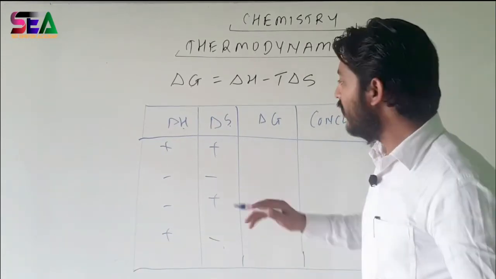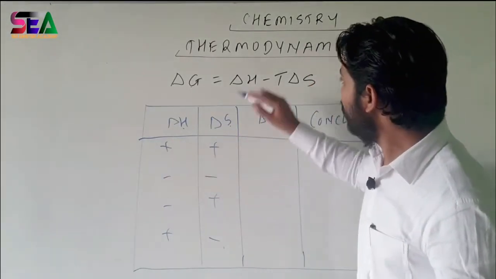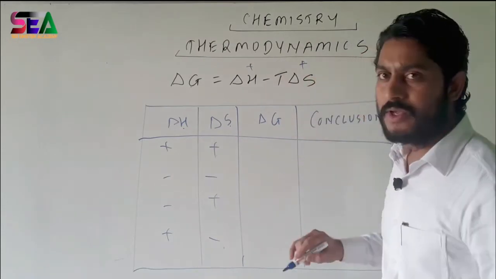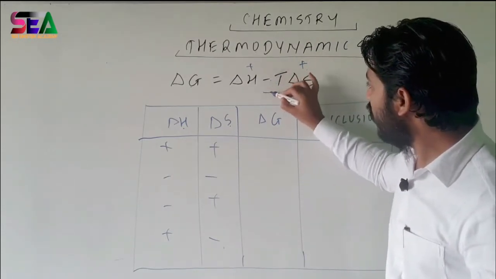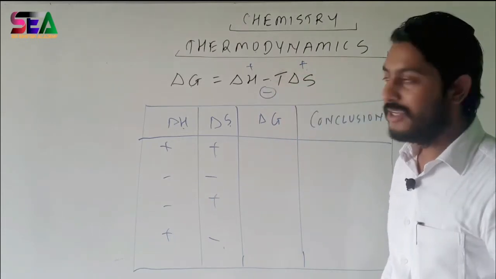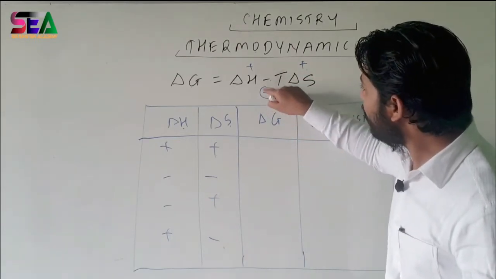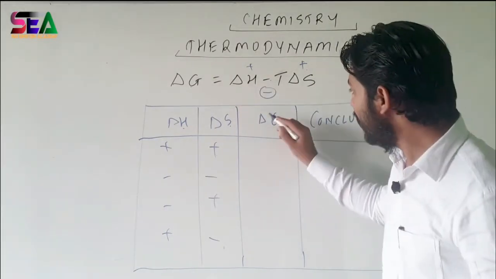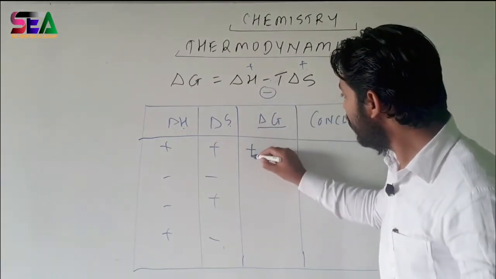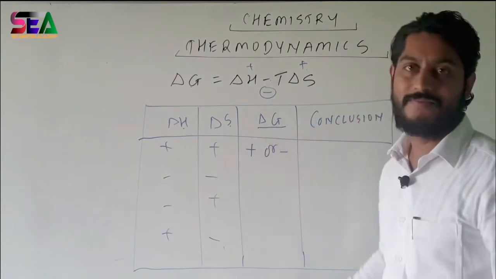Alright, let's start. First is positive, positive. You can simply observe the product of positive and negative is always negative. Alright? And the summation of a negative and a positive entity can be negative, can be positive. So I will say the value of delta G is positive or negative.